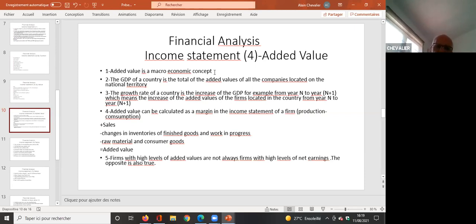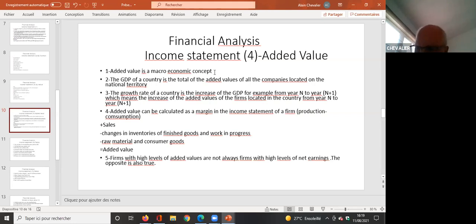It means if you take the value added by all the companies located on the Vietnamese territory, whatever they are, state-owned, family-owned, foreign companies, joint venture, whatever you want, if they are small, large firms, they are taken into account in the calculation of the total value added by the companies in Vietnam.